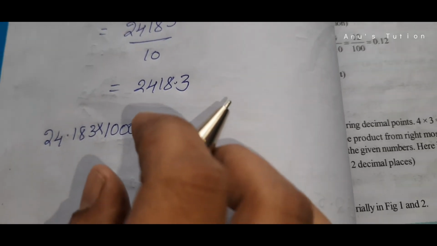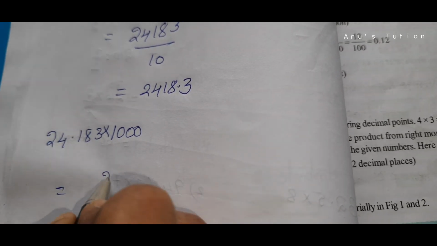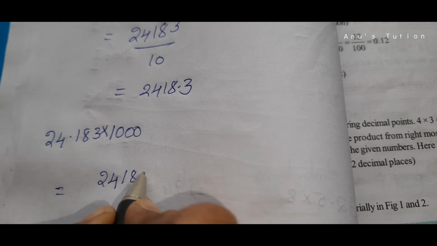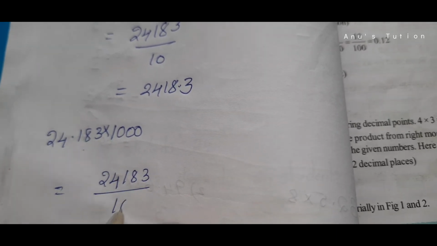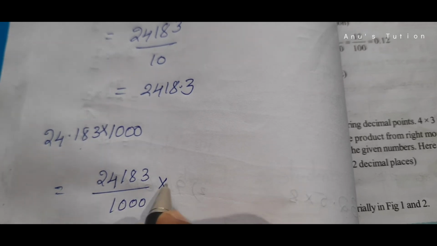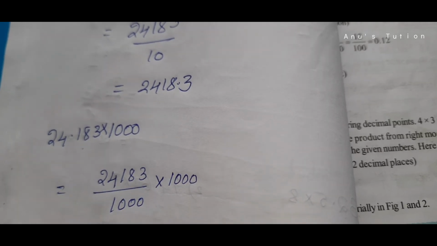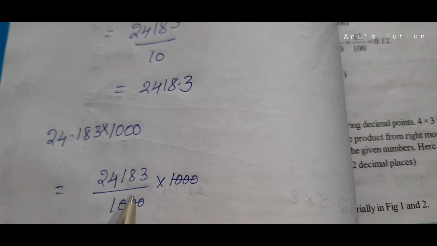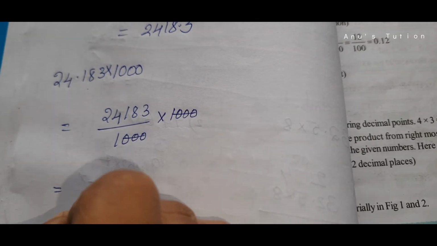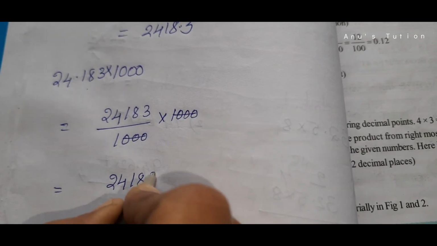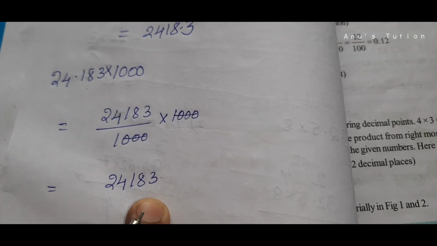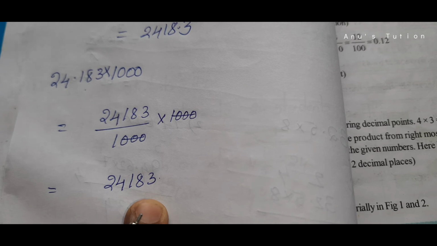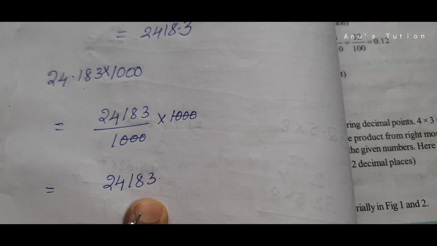Now we have to find the answer. 24.183, now I am converting this decimal into a fraction by 1000 into 1000. Here 1000 will be cancelled. 24183. What is the answer? 24183. This is the process of multiplying the decimal number by whole numbers.